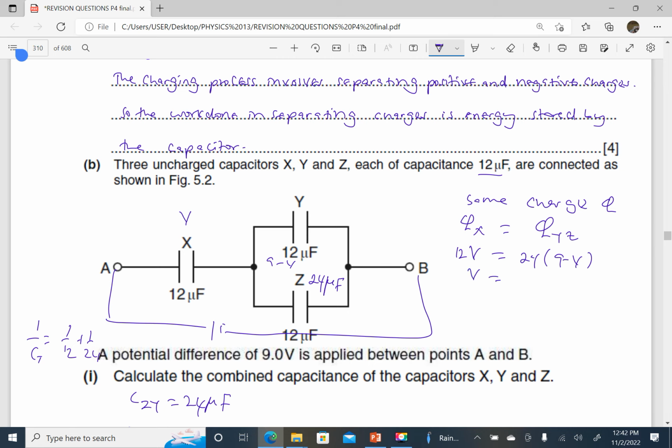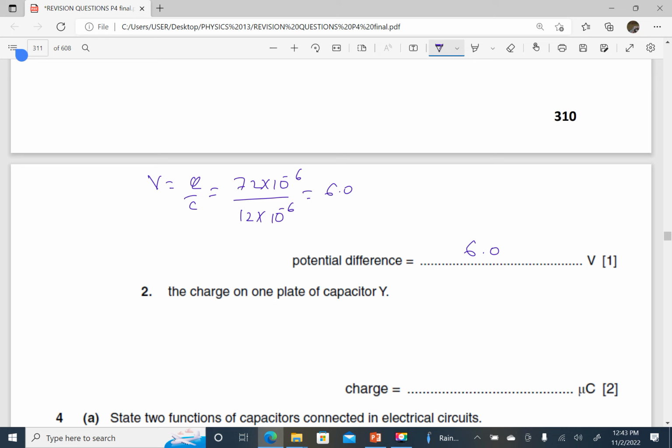Then again, determine the charge on one plate of the capacitor Y. Now the charge is going to divide because there are two capacitors. The charge is going to be shared. However, the PD across Y equals the total PD, which is 9, minus the PD across X, which is 6.